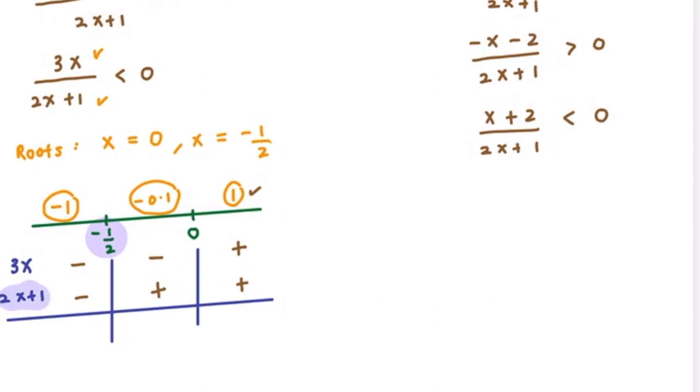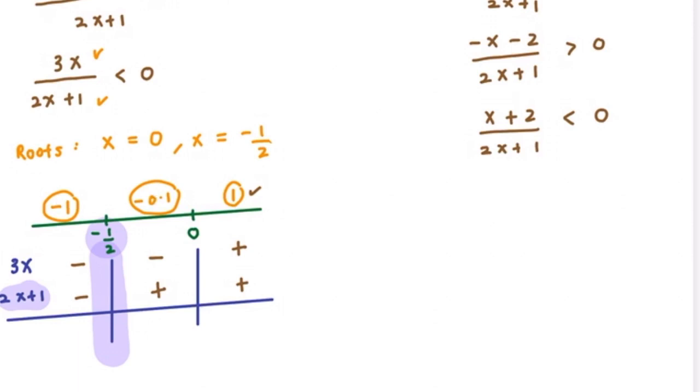So put your ruler here, for the root negative 1 over 2. The right hand side area of your root is always positive. So write positive and positive here. The left hand side area from the root is negative. So put negative here. Okay, that is the shortcut method.